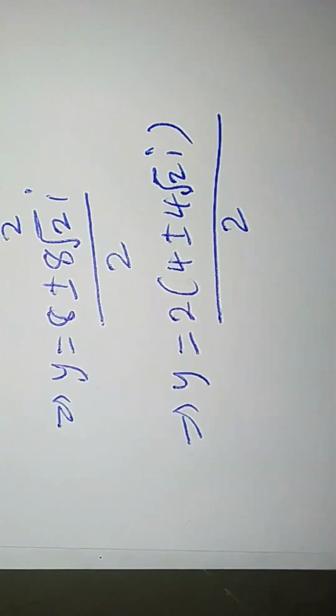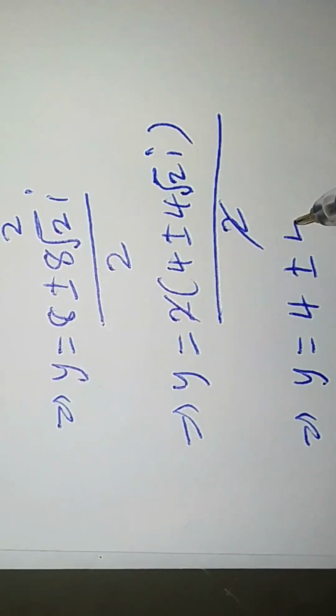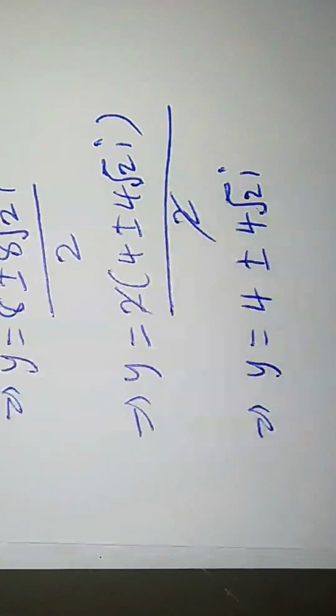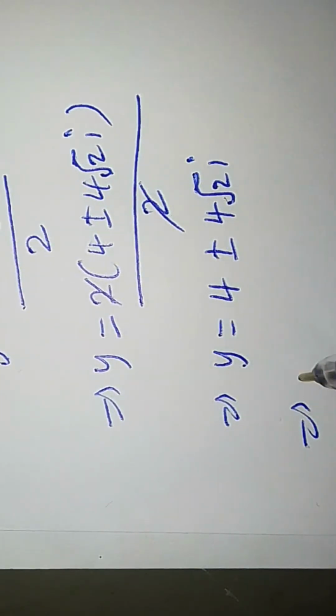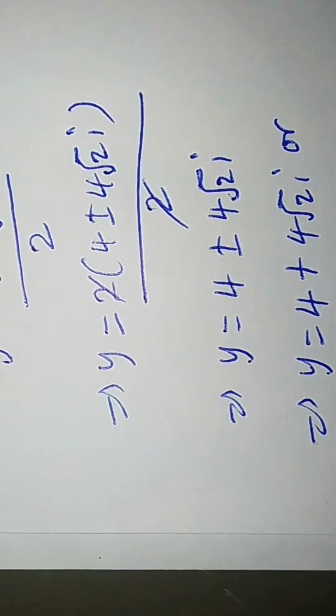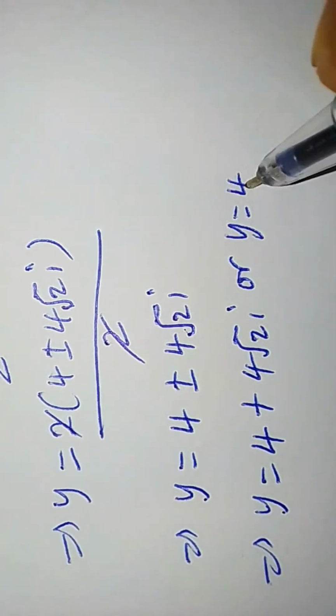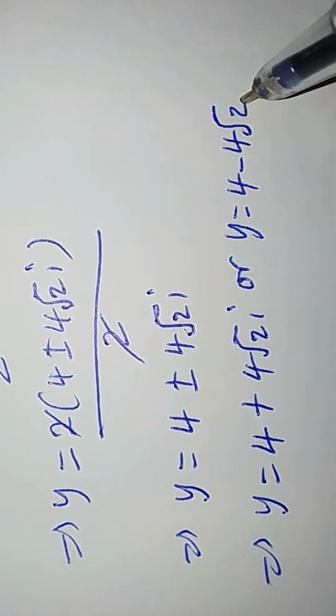It is obvious that these two cancel each other. So we have y equal to 4 plus or minus 4 root 2 i. This means that y is either equal to 4 plus 4 root 2 i, or y is equal to 4 minus 4 root 2 i.